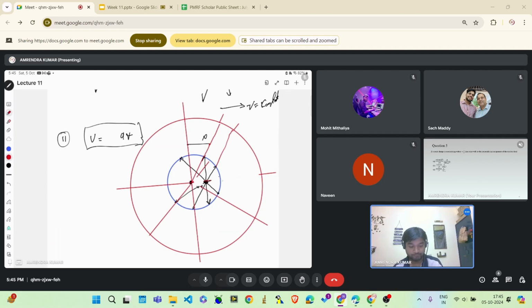It is twisting like this, right? So there is this component, and this one is also twisting, this component. This one from here, and then from here it is going.